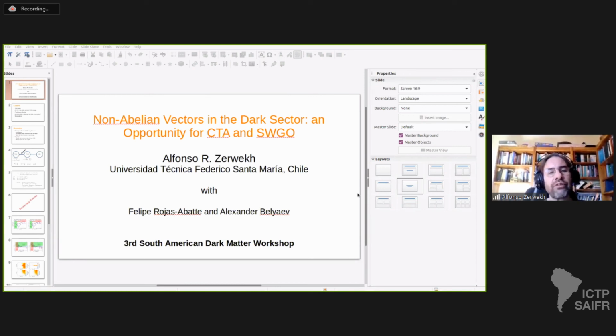So our proposal is very simple: to add to the standard model a scalar field, which is a triplet of a new SU(2) group. And the spectrum in the dark sector will be very similar to the low energy bosonic sector of QCD, which is composed by pions and the rho mesons. So this is the structure of the model.